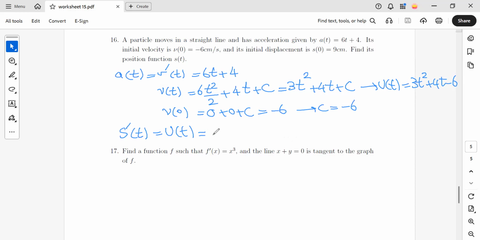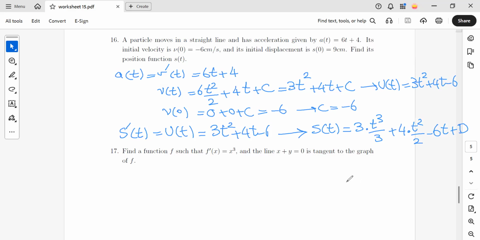So this is 3t squared plus 4t minus 6. But we're going to find s of t, which is the antiderivative of this one. So it will be 3 times t cubed over 3 plus 4 times t squared over 2 minus 6t plus another constant like d. So simplify first, you would get t cubed plus 2t squared minus 6t plus d.